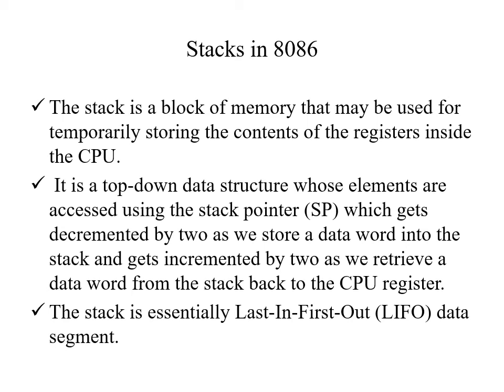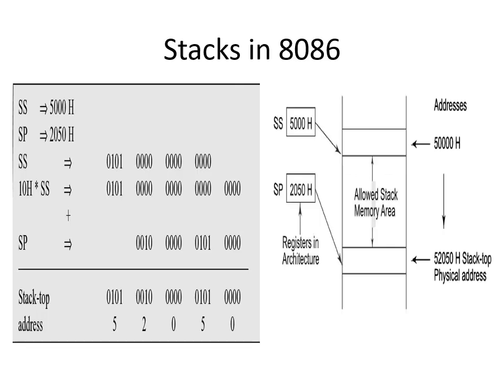So your stack is growing downwards. And when you retrieve the data, or when you pop the data from the stack back to any one of the CPU registers, the stack pointer will be incremented by 2. So stack is a LIFO data segment.